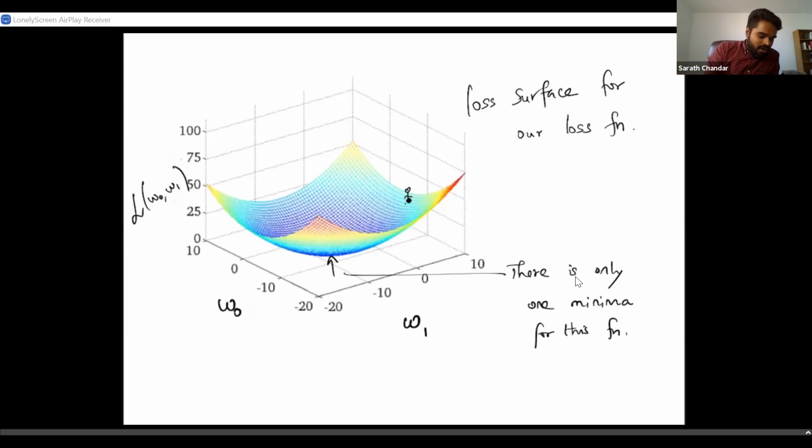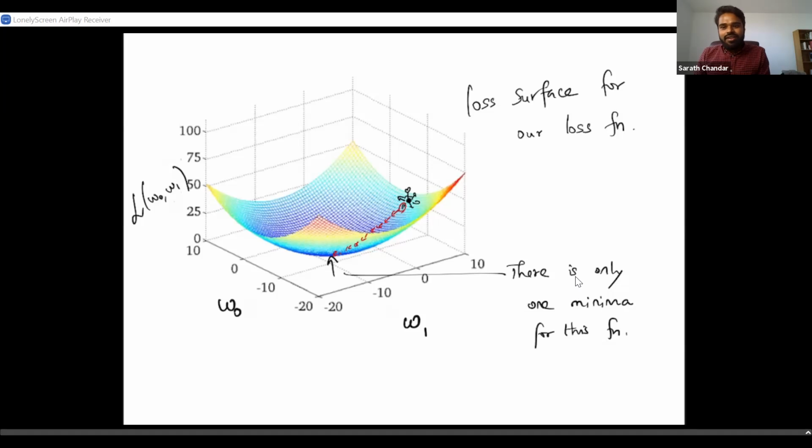There are many possible ways in which you could go, and possibly this red circle is the one which goes down. So you'll take that step and you slowly go down, go down, go down, right? You would be taking small steps, and you will stop where you cannot take any more steps which go down. Once you are in the minima, all the steps are going to take you high, right? This is exactly what gradient descent is going to do.